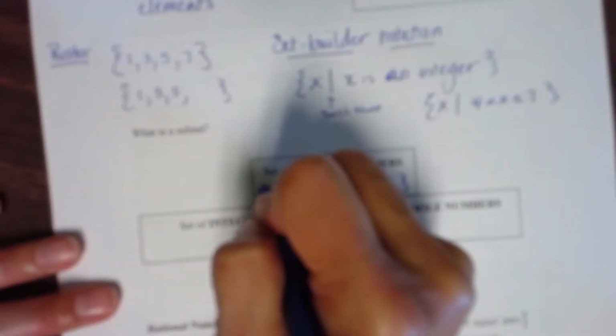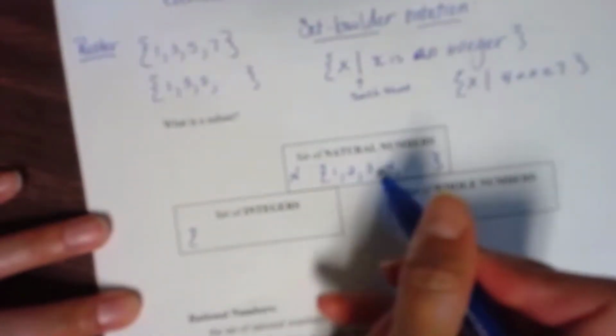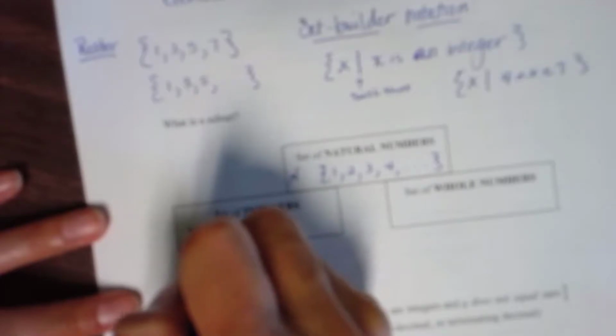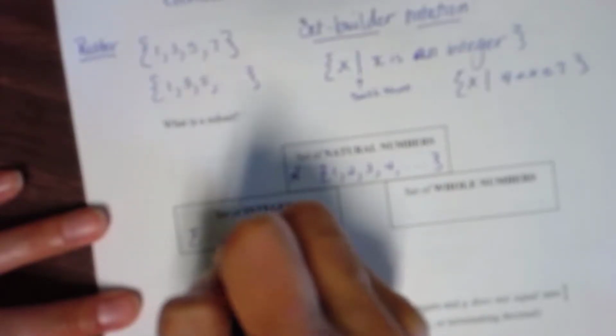We have abbreviations to represent each of these, and for the natural numbers, we would represent that with the letter N. Under the set of real numbers, we also have a subset, which is the set of integers. What differentiates it from the natural numbers is that it includes negative numbers.